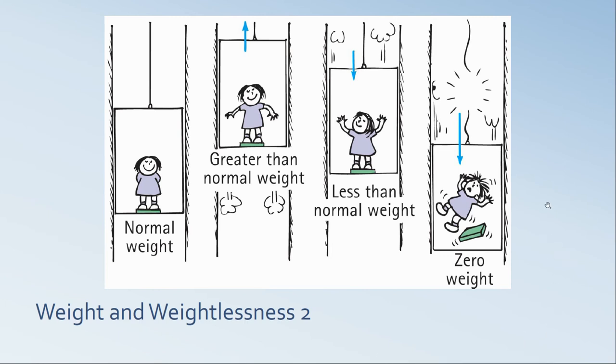And then if the cable breaks and the elevator is in free fall, then there is no support force because everything in the elevator is falling at the same rate. The only thing acting on the objects in free fall is gravity, no support force. So the scale's going to read zero.